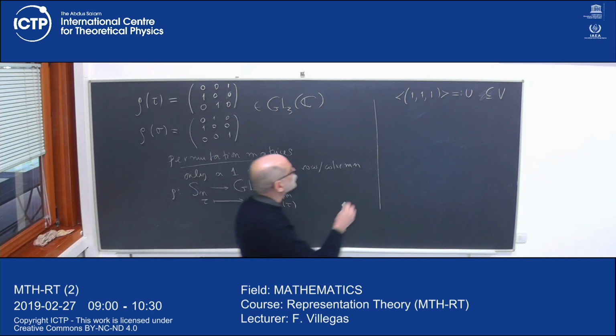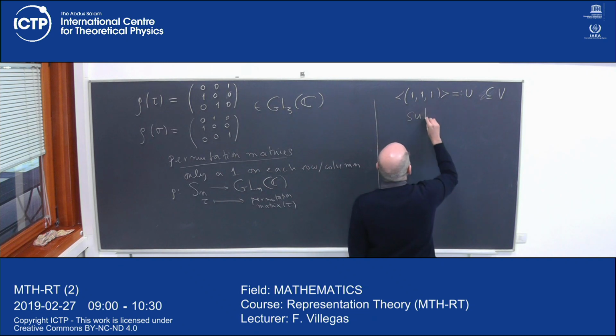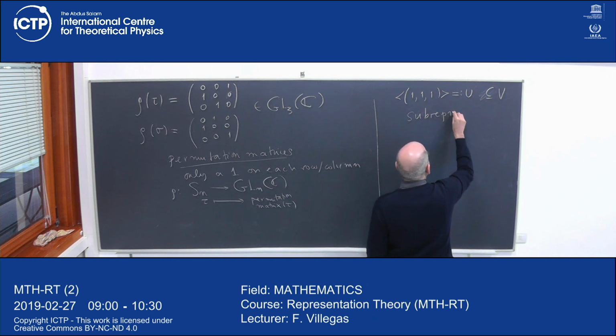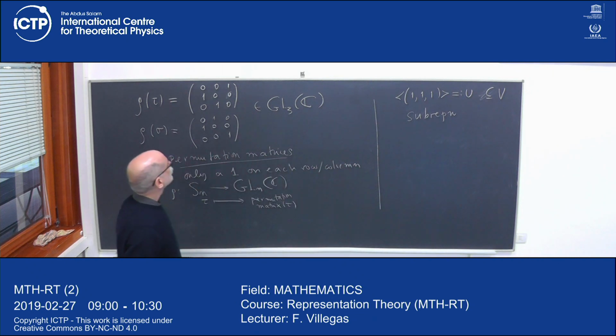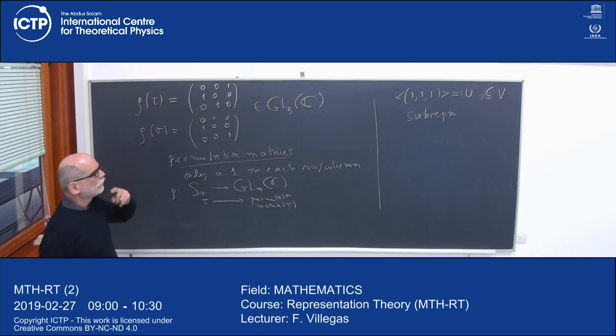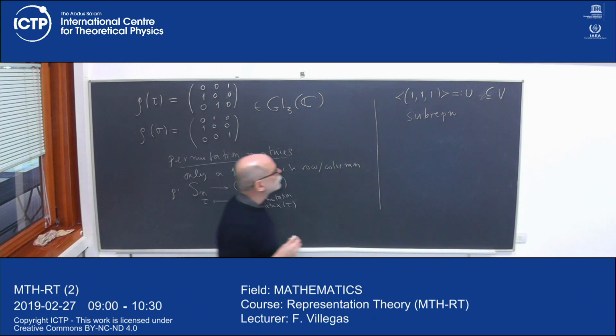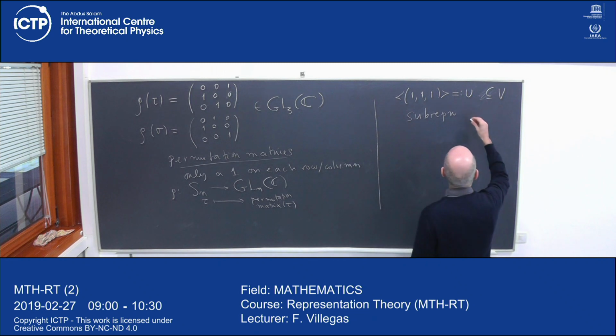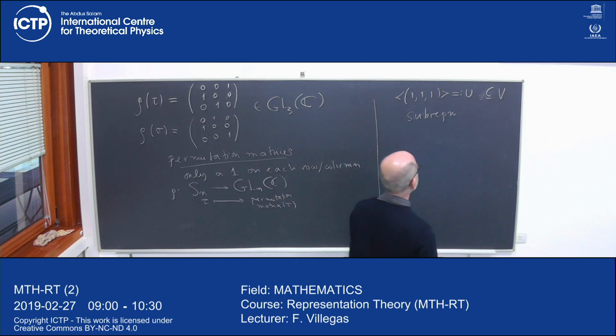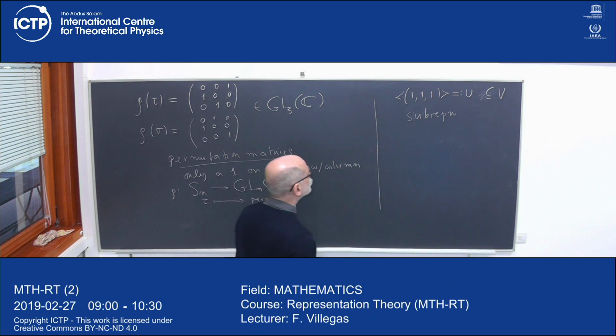So this is a sub-representation, and it's not 0 or the full space. So this representation that we talked about, I'll come back to this more formally, but it's not irreducible. It's a non-trivial, proper sub-representation.